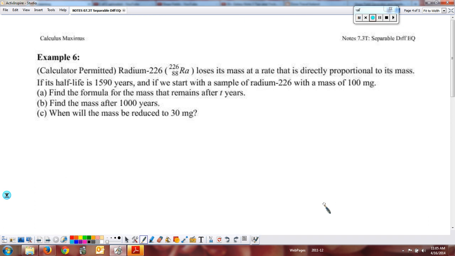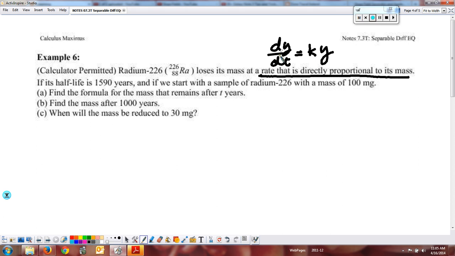All right, let's take a look at example 6, and then I'll probably leave a lot of these for you to do on your own. Calculators permitted. We're given that this radium loses its mass at a rate directly proportional to its mass. So that's your dy/dt is directly proportional to its mass, y, which is exponential growth or decay.